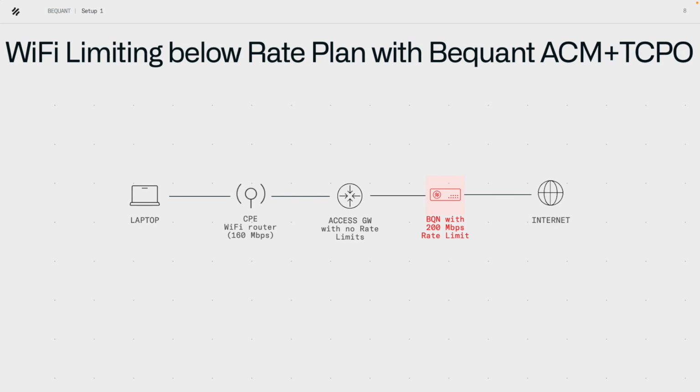So now let's implement the same scenario, but with the Bequant BQN active, with all the optimization settings, with our improved FQ-CoDel, our TCP optimization, and our Automatic Congestion Management, ACM.